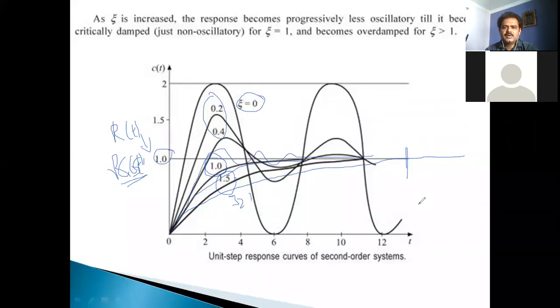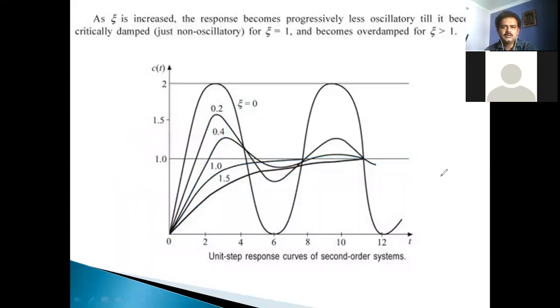It reaches the final value without any oscillations, but the time taken is very high when the zeta value is more than unity. So these are the unit step response curves for a second order system.